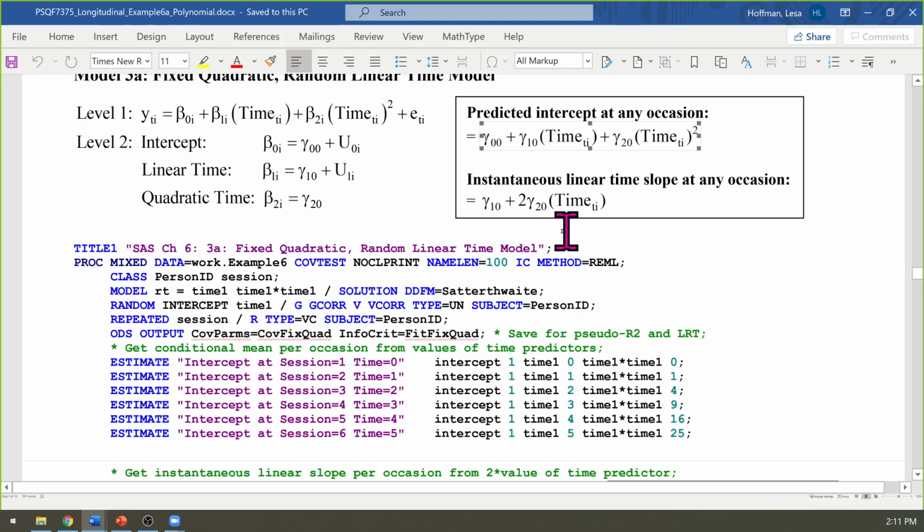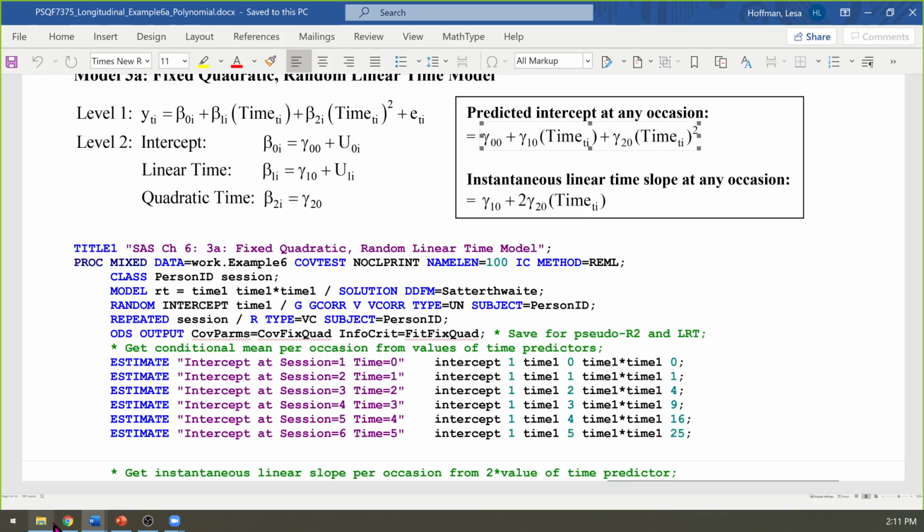So this mini equation right here also highlights why the linear slope gamma 1 is specific to time 0, because that's the only point at which the second piece of this would cancel out and drop. So gamma 1, the linear time slope, is what the linear slope is expected to be at time 0. It is going to change by twice the quadratic per unit time.